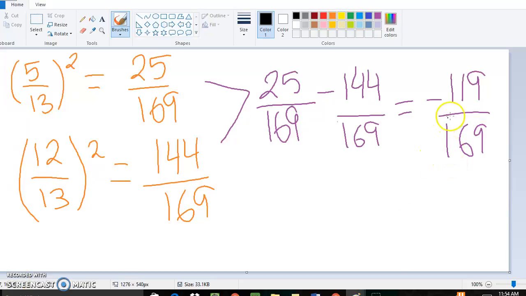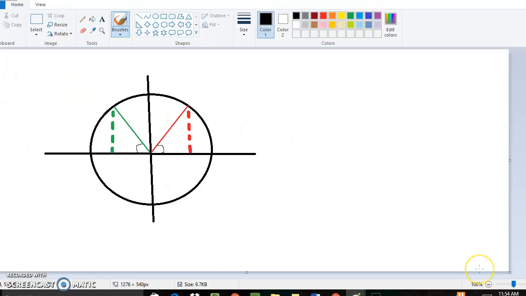So we have a negative value, negative 119 over 169, and to understand this, we have to look at the unit circle, which is basically an extension of the SOHCAHTOA definitions. So our angle XYZ is in the first quadrant of the unit circle, and the x coordinate is positive.